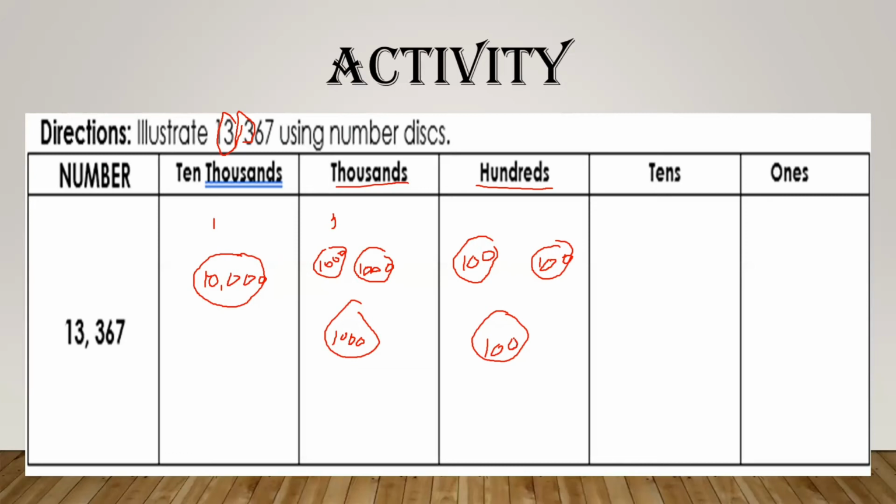Then next is yung tens natin. So sa tens natin, ano yung digit natin sa tens? That is 6. So ibig sabihin, 6 yung disk natin na naglalaman ng tens. So 1, 2, 3, 4, 5, and 6.